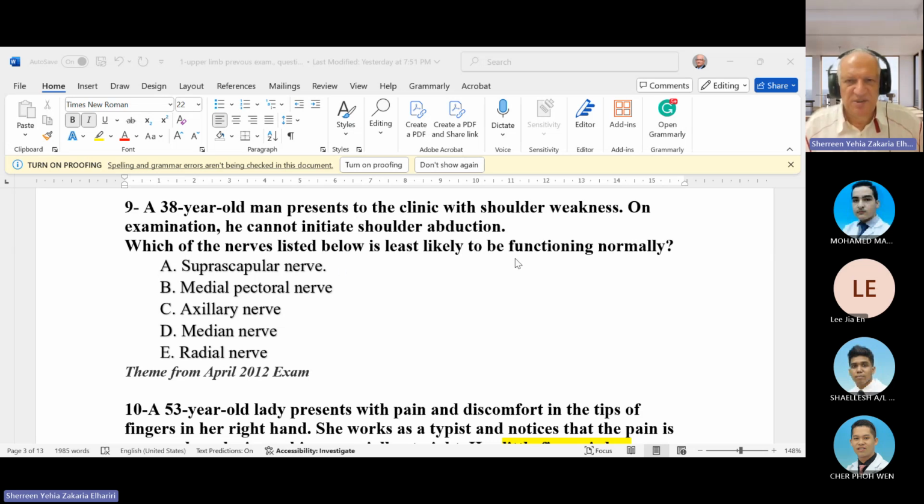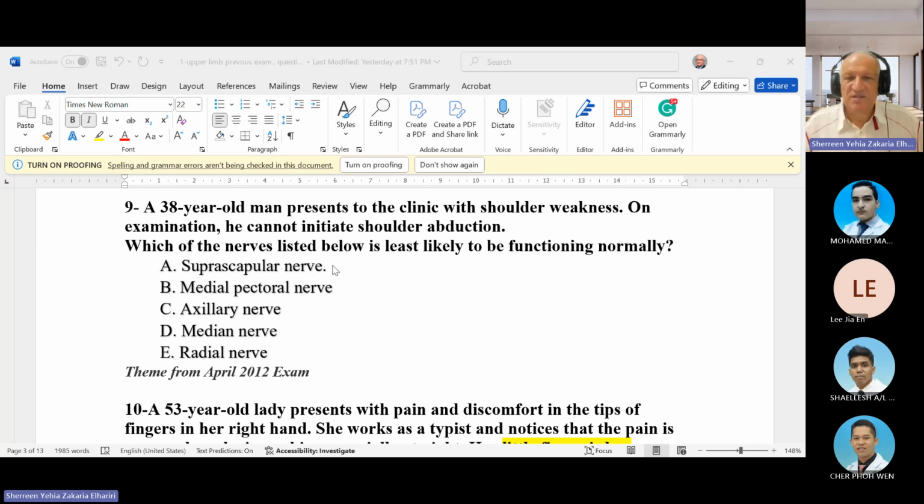So he needs to ask which nerve supplies the supraspinatus. Of course, the nerve supplying the supraspinatus is the suprascapular nerve. The suprascapular nerve supplies two muscles, supraspinatus and infraspinatus. So again, initiation of abduction is by the supraspinatus muscle, supplied by the suprascapular nerve.